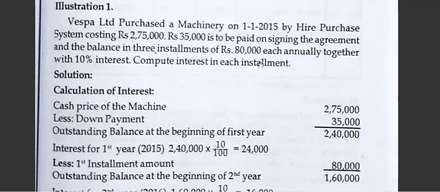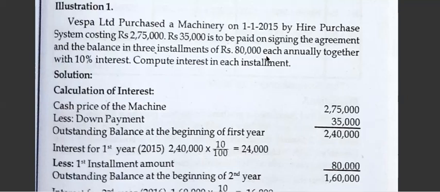When you multiply 80,000 into 3, you get 2,40,000 plus 35,000, it is 2,75,000, which is equal to the cash price. It means interest is not included in the 80,000. We know the cash price, we know the installment amount, but we don't know the installment including interest.